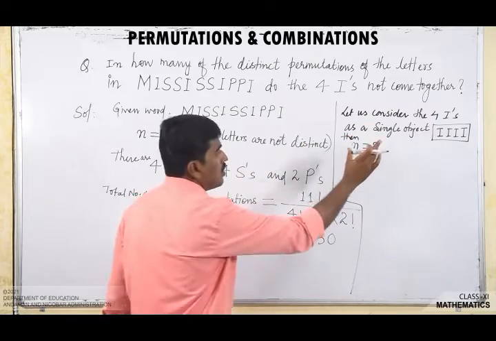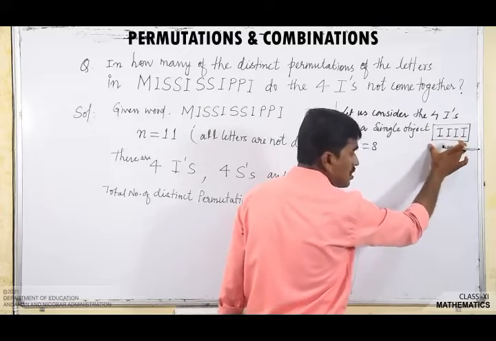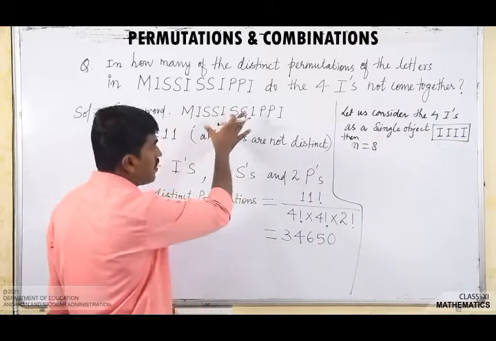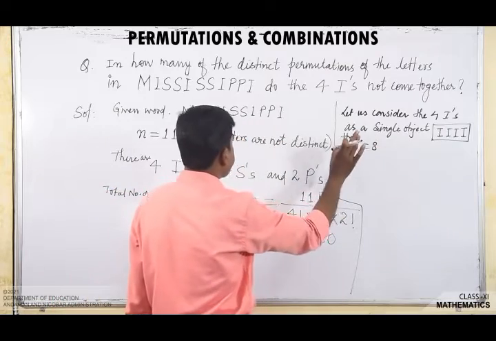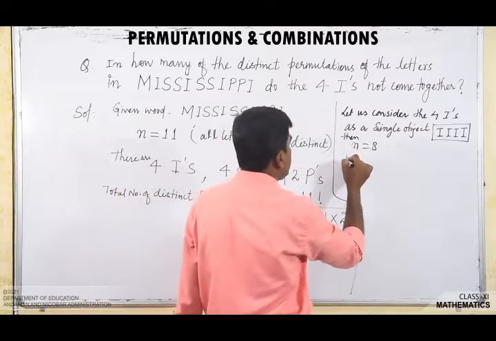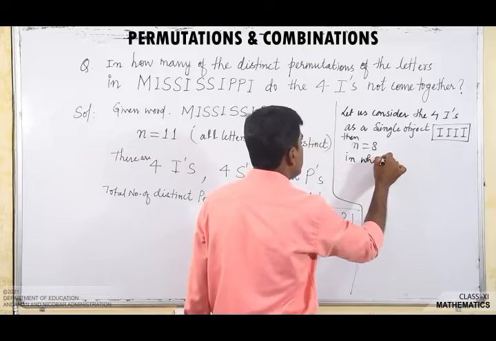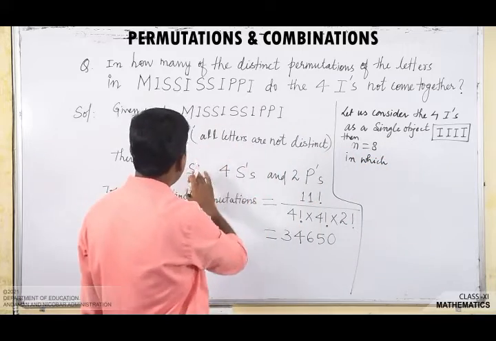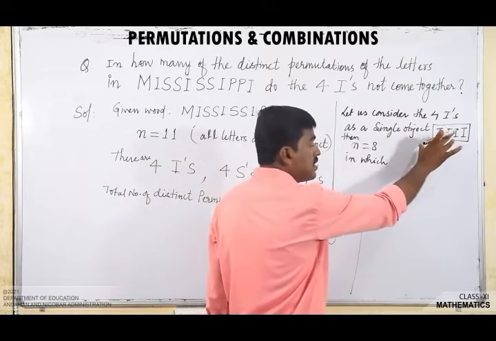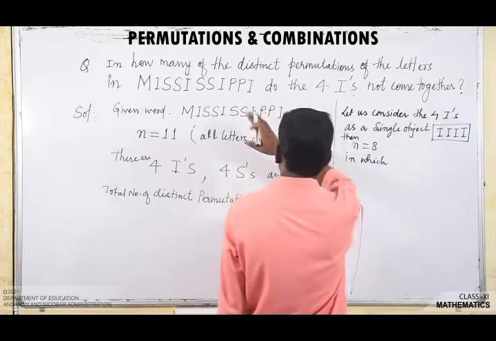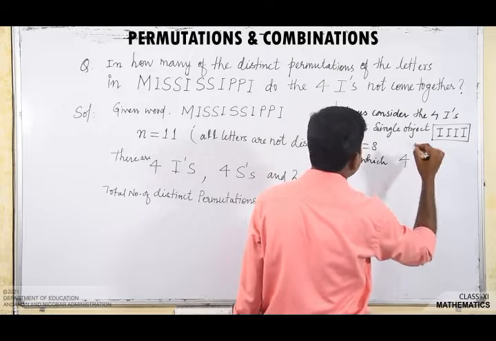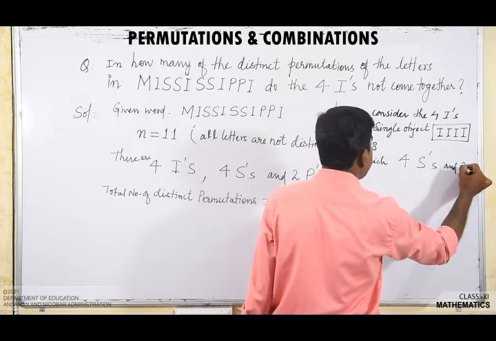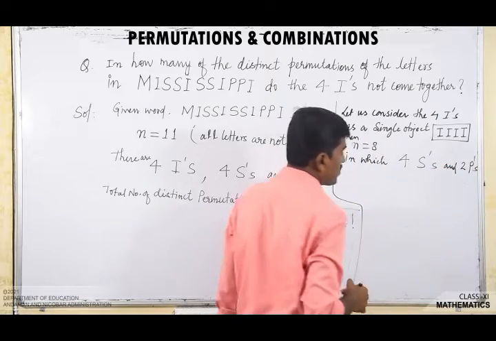The 4 i's are taken as a single object and the remaining 7 letters, so it accounts for 8 letters in total, in which there are 4 s's and 2 p's.